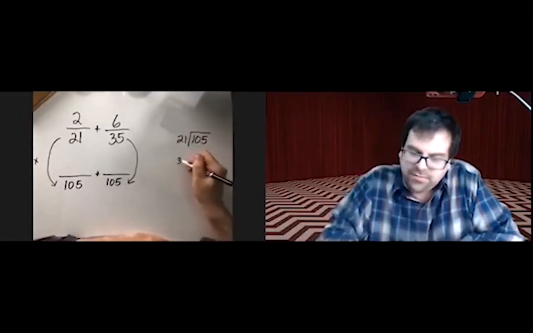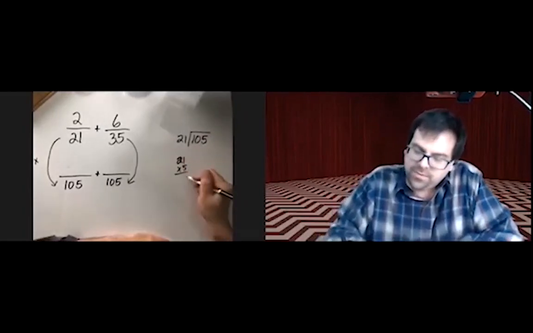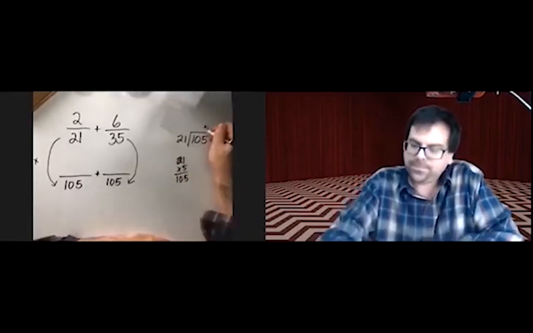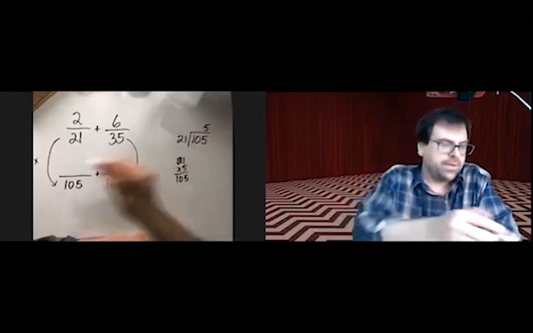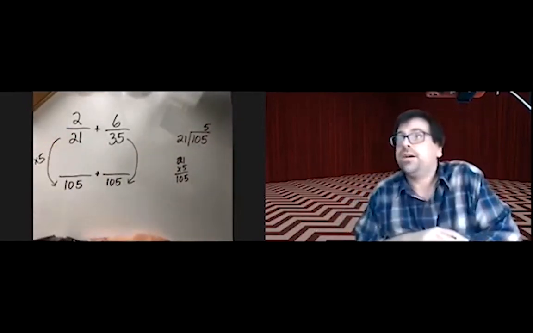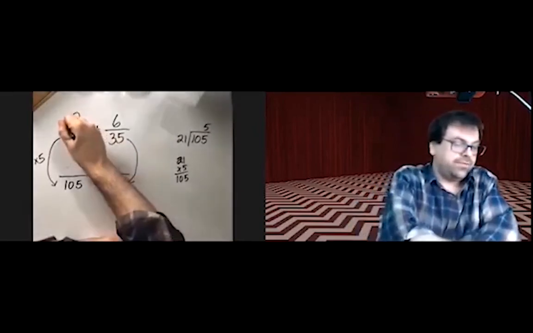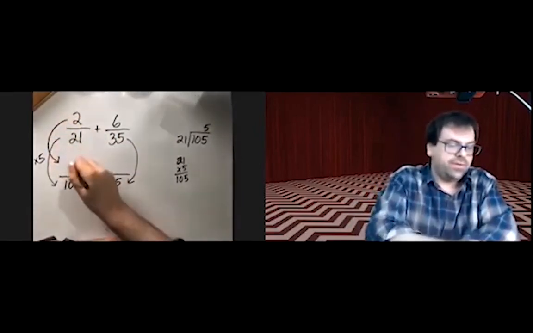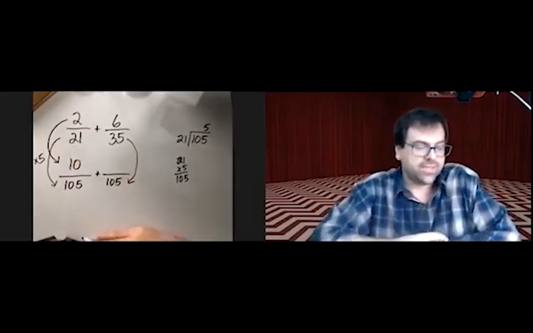So is it times 5? What's 21 times 5? 5 times 1 is 5. 5 times 2 is 10. Yep. So 21 times 5 gives us 105. We have to do 2 times 5. That gives us 10.